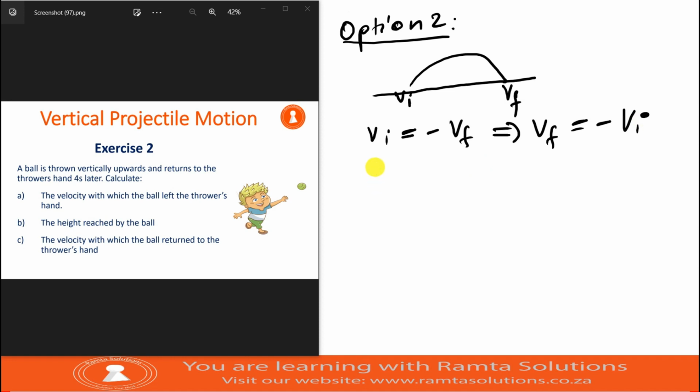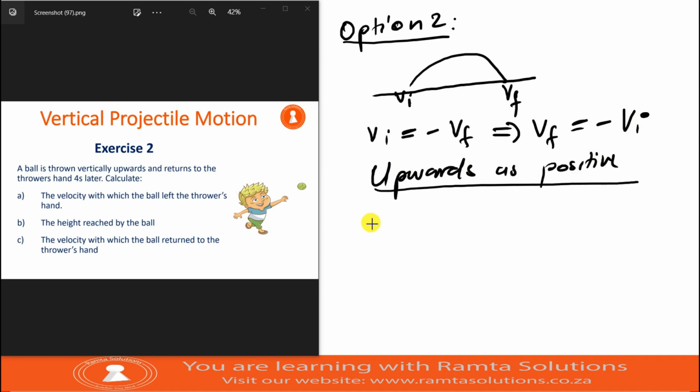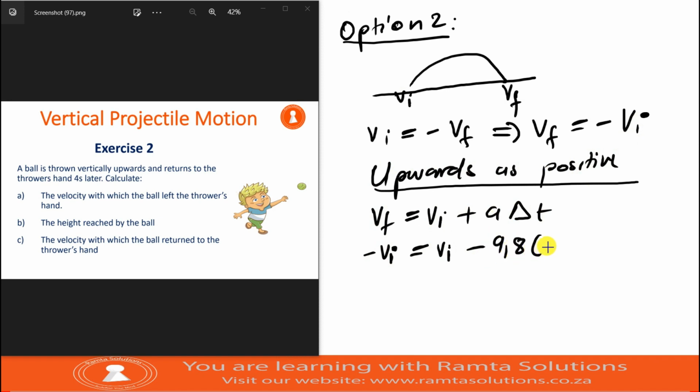So I'm still going to say upward is positive. The formula we're going to use is still the same: VF equals VI plus A delta T. What is VF? We said VF is negative VI. We don't know what VI is. Our acceleration will be negative because we chose upwards to be positive. Since we're considering from start to end, this motion lasts for 4 seconds, so I'm going to put the 4.